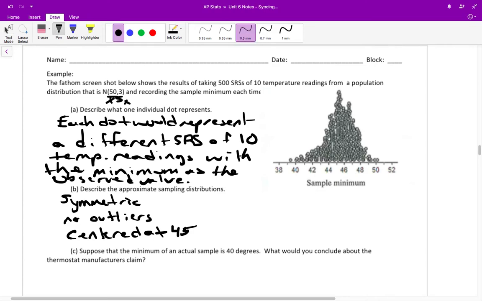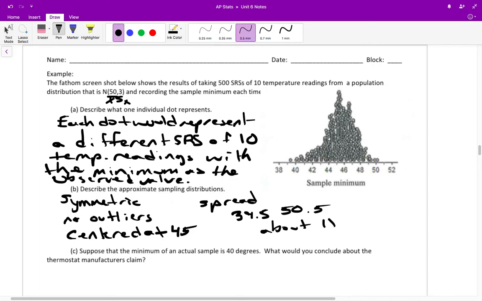And for the spread, it ranges from about 39.5 to about 51 or 50.5. So in terms of the range, that would be about 11 or so, give or take again.